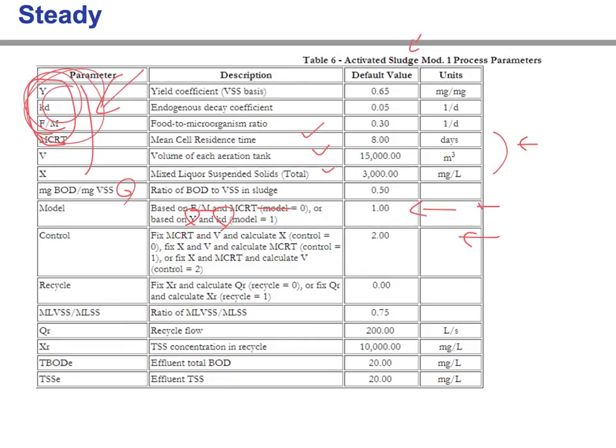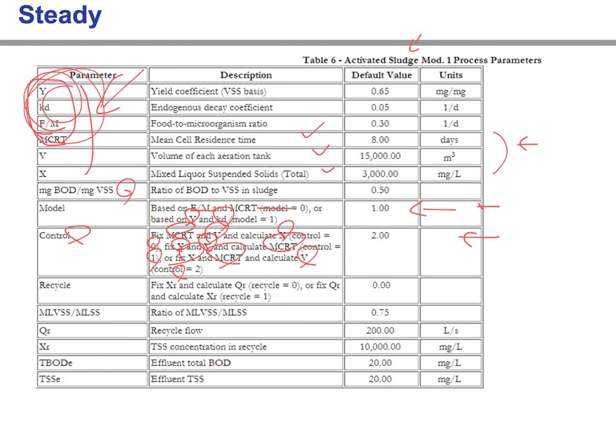When we want to fix the MCRT and the reactor volume to calculate the MLSS, we use control number 0. If you want to fix MLSS and reactor volume to calculate MCRT, the control ID is 1. If you want to fix MLSS and MCRT to calculate reactor volume, we use control ID 2.